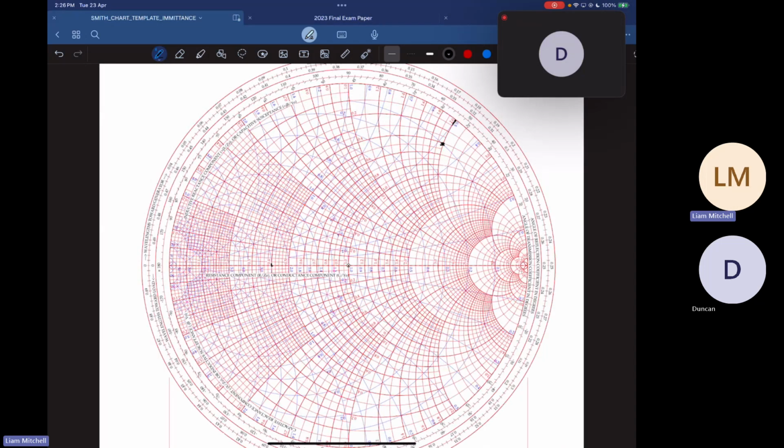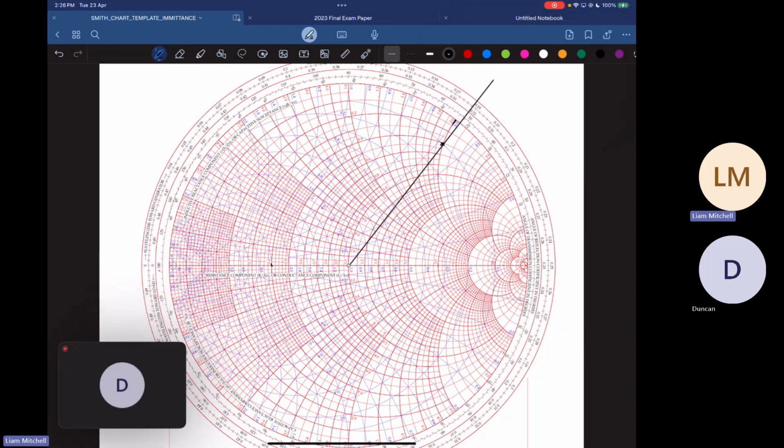So if you draw a line from here, it's very rough because I don't have any rulers on this end. Actually, I might try to draw it. Okay, which color? Red.